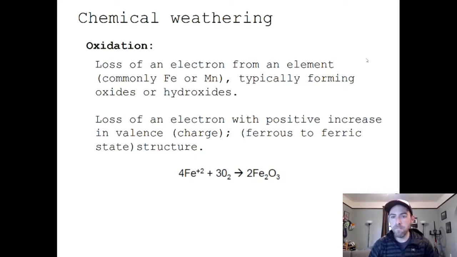Okay, so those are the different types of chemical weathering reactions that can take place, and can result in both solutes that get washed away, as well as changed mineral types, or changed mineral structures, being left behind at the weathering site. Okay.